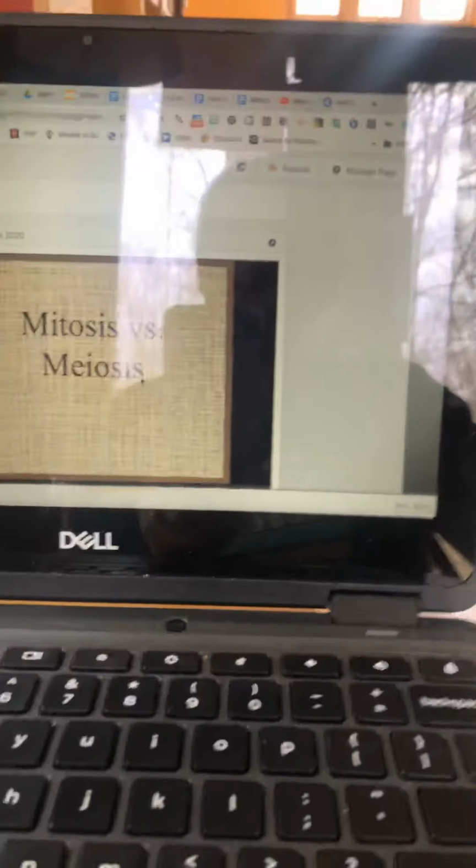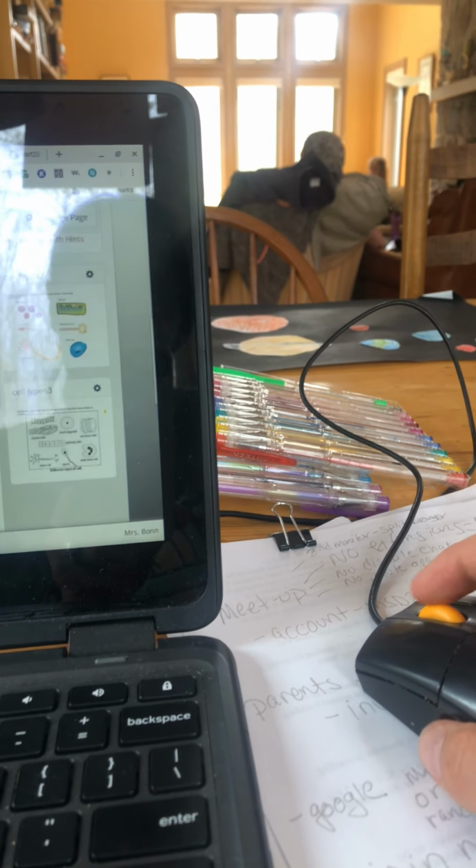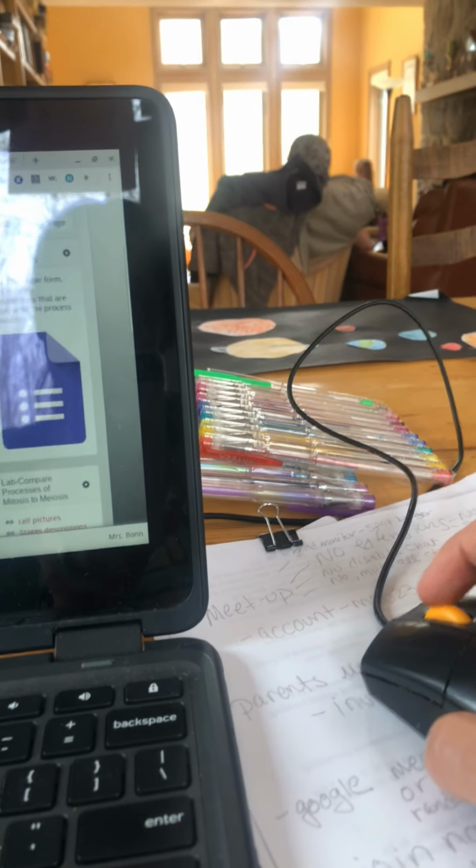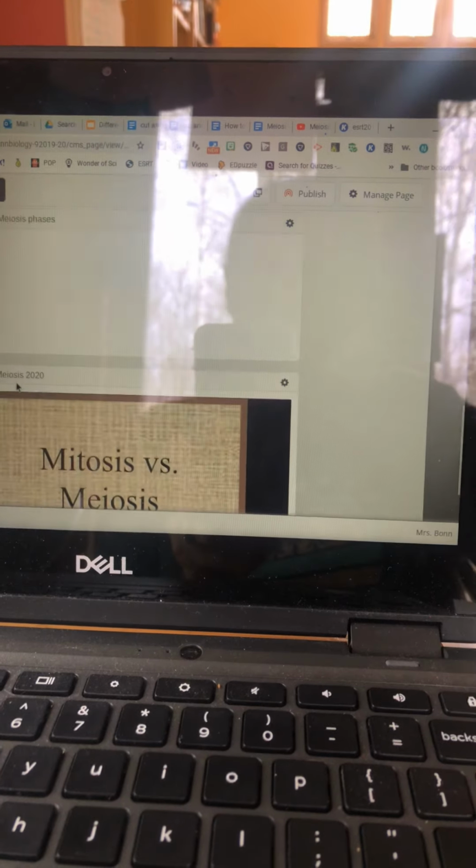This is a little study guide that I created for you to tell you the differences, which I believe we're going to talk more about next week on week 10. But we're also touching upon it now. So you had your notes assignment, that's your first one, your Edpuzzle.